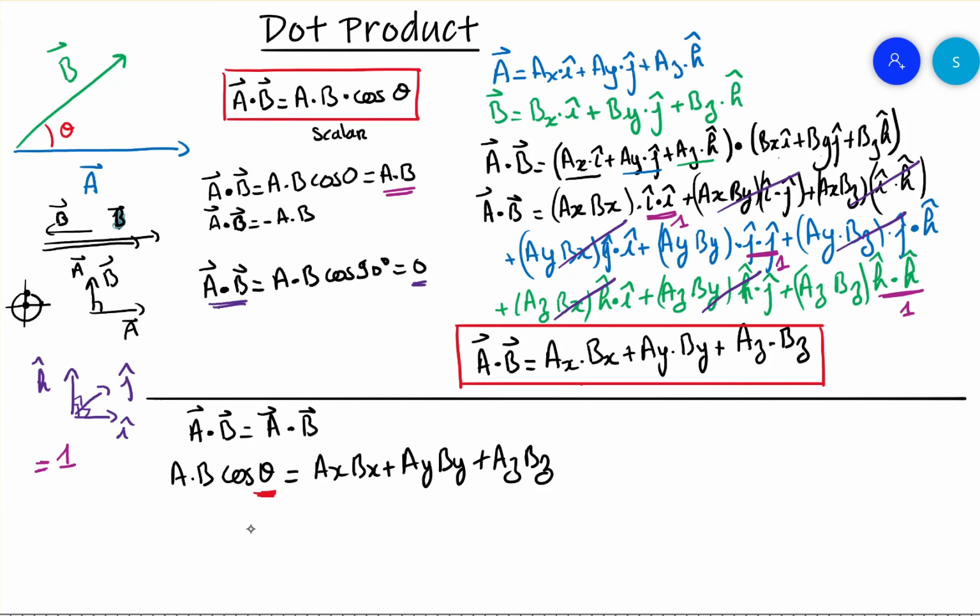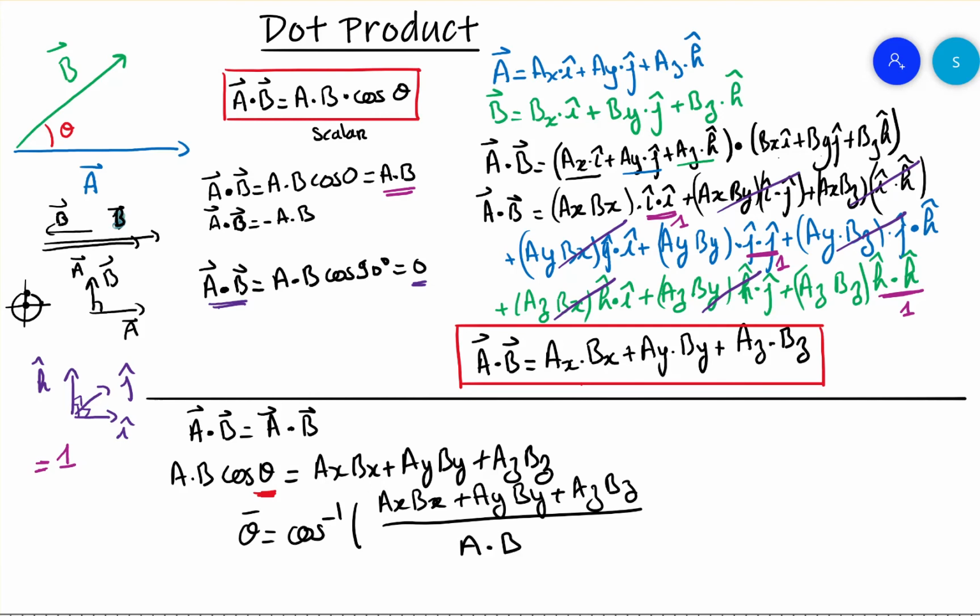We can use this formula to write that theta is equal to the inverse cosine of ax bx plus ay by plus az bz divided by the magnitude of a times b.